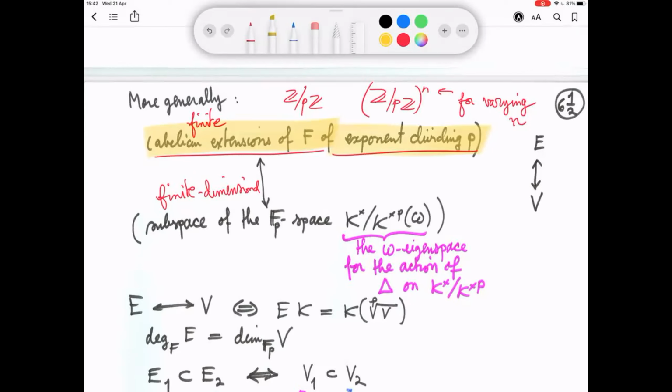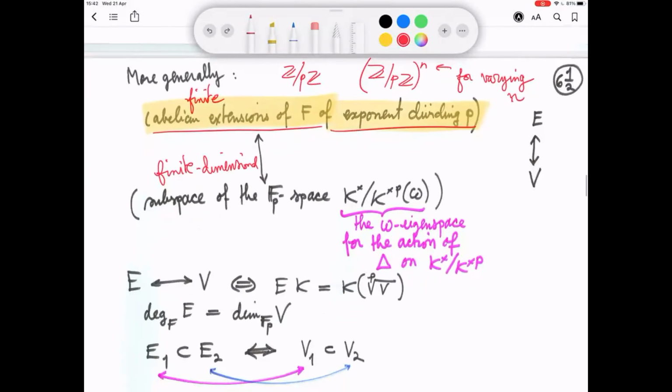So the exponent could be 1, which means that the group could be trivial. So I'm not leaving out the extension F over F. That extension is also allowed, right? In that case, the finite dimensional subspace corresponding to it will be the origin. This is a vector space over Fp. The origin is a subspace of dimension 0.